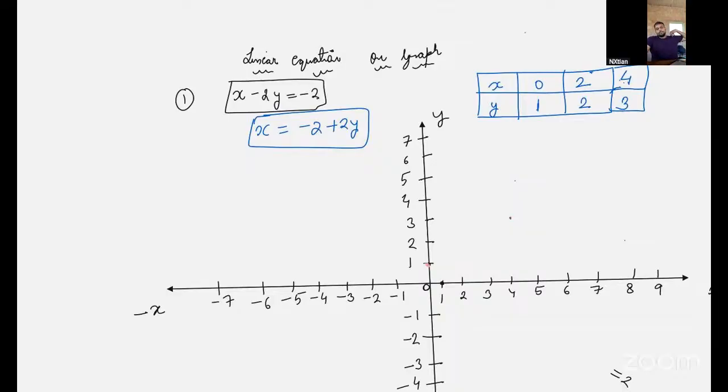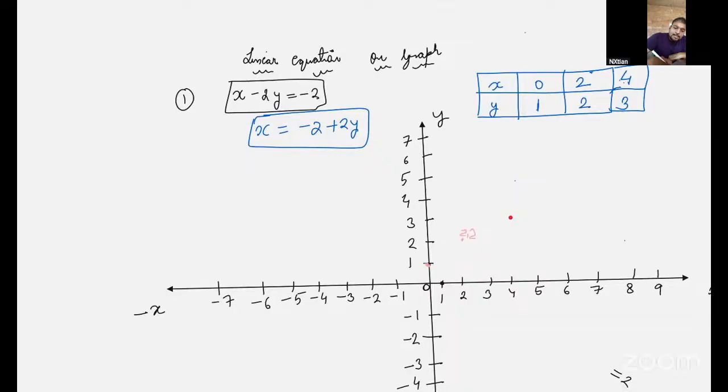Quickly do it, guys. We are running out of time. Yes, this is 4 comma 3.